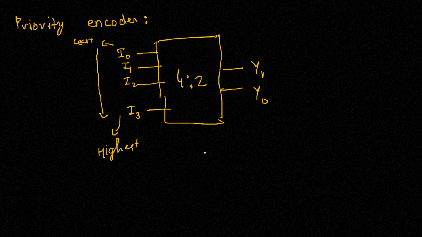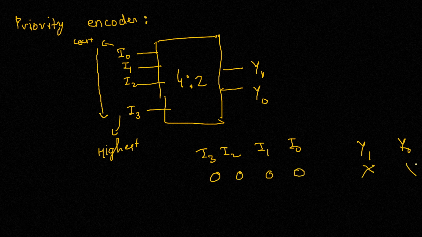So let's make the truth table for this. Let's say we have I3, I2, I1 and I0, and we have Y1 and Y0. If all of them are 0, then we don't care about these values. They do not exist. Then if we have 0, 0, 0 and 1, both of these values are 0.